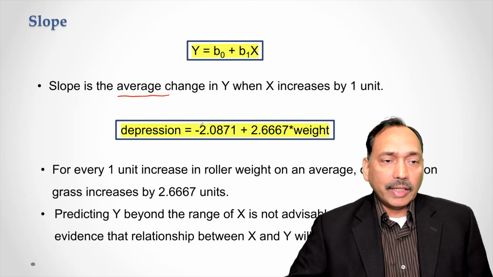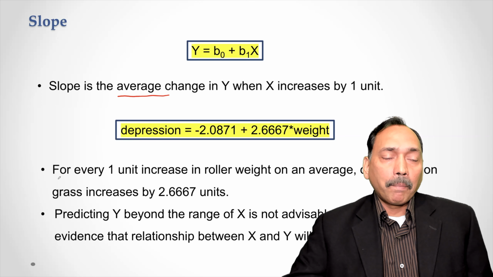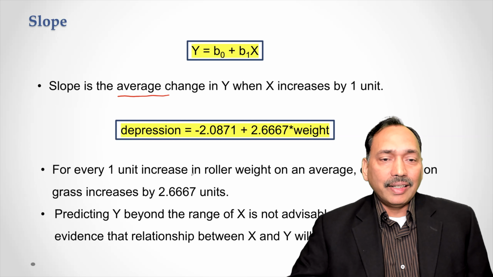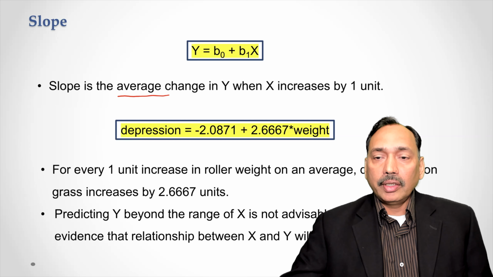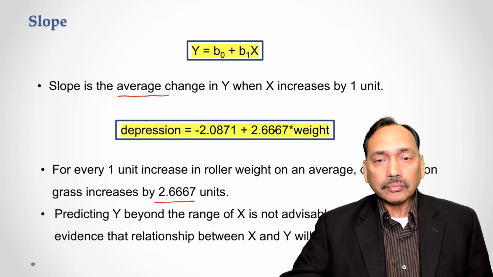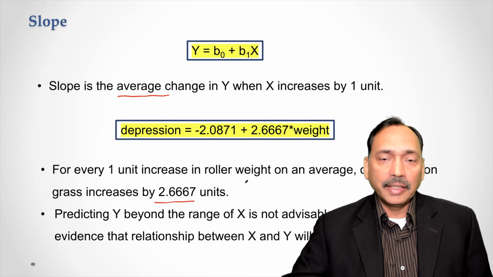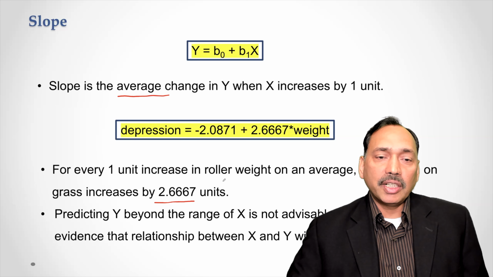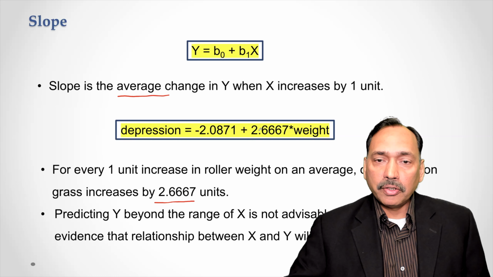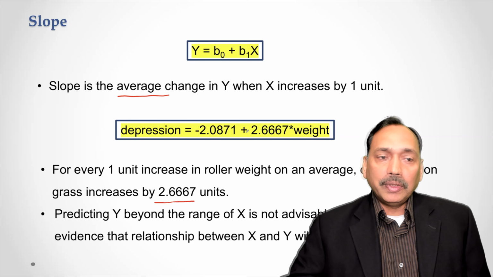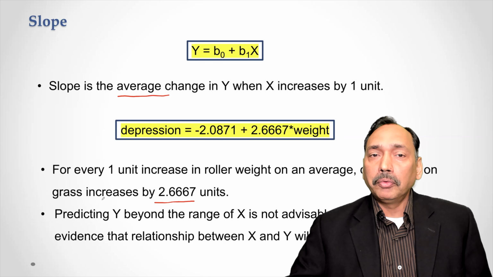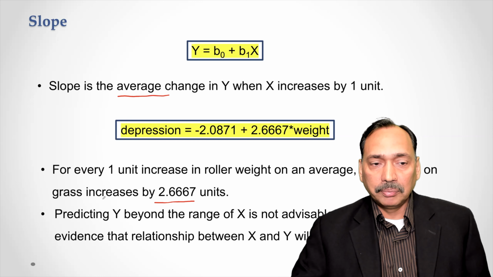So if you look at our equation, we can say for every 1 unit increase in roller weight, on an average, depression on grass increases by 2.6667 units. We don't have the actual units, whether it is millimeters, centimeters, inches, so I'm just saying units. If the slope was negative, then instead of increasing, we would have said decreases.